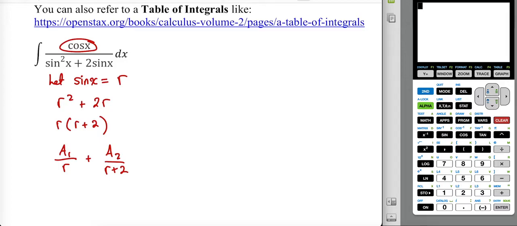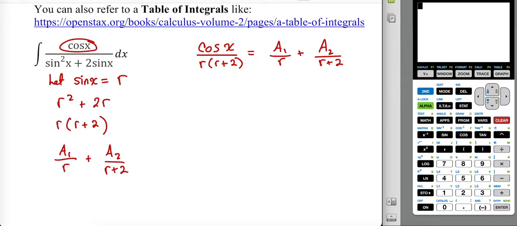The derivative of sine is cosine, so I could call it r prime if I wanted to, or I could just leave it as cosine. And say, for example, cosine of x over r times r plus 2 is equal to a sub 1 over r plus a sub 2 over r plus 2.